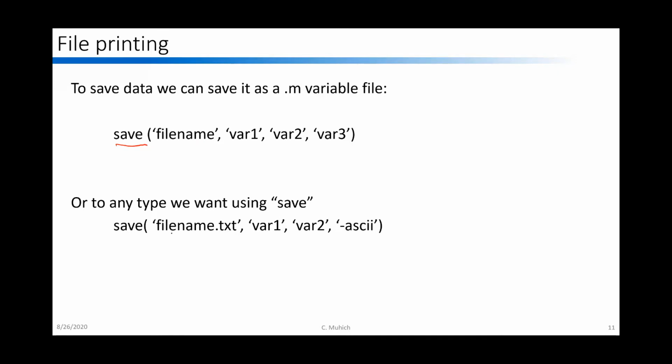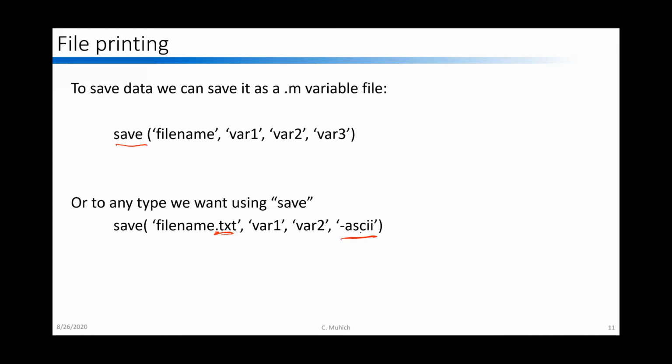So either a .txt for text or .dat for data. You can save it as pretty much anything you want. So to change how it's saved, you want to put in this period followed by whatever you want the end name to be.